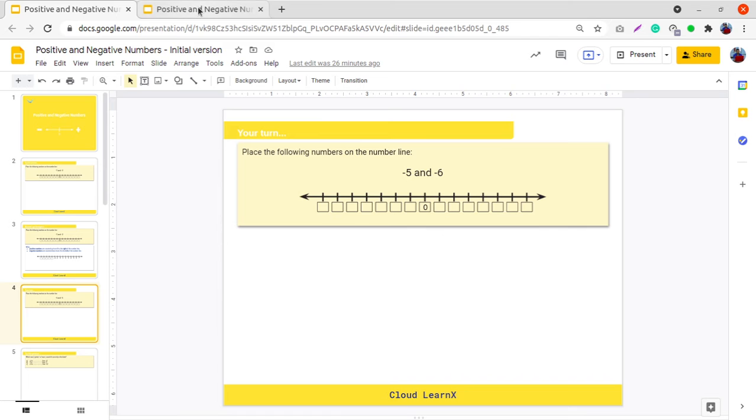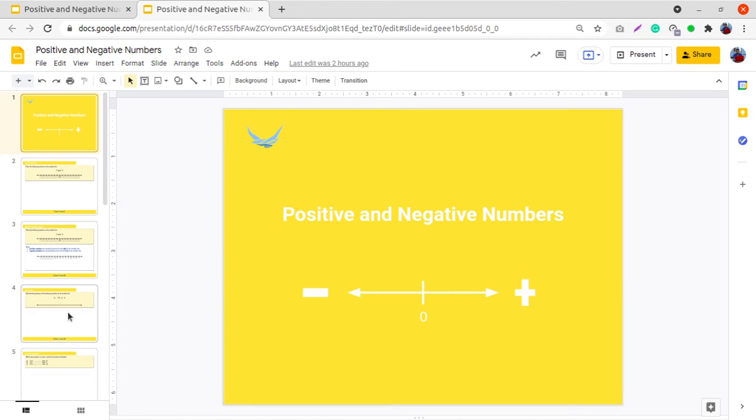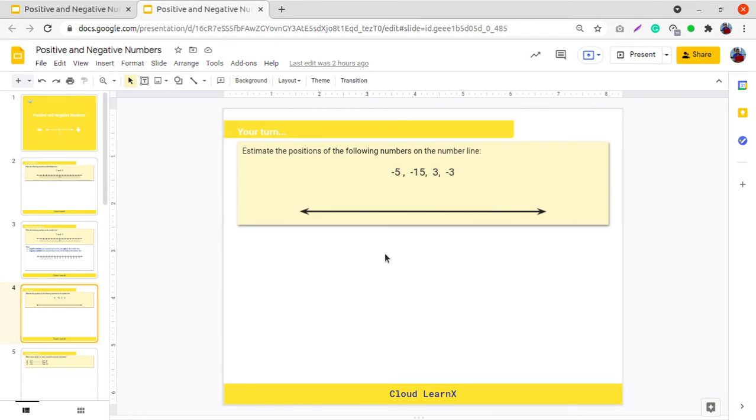This is a small change. So let's go to that slide. Okay, so instead of placing the two numbers on a number line, I've given the student 4 numbers, right?